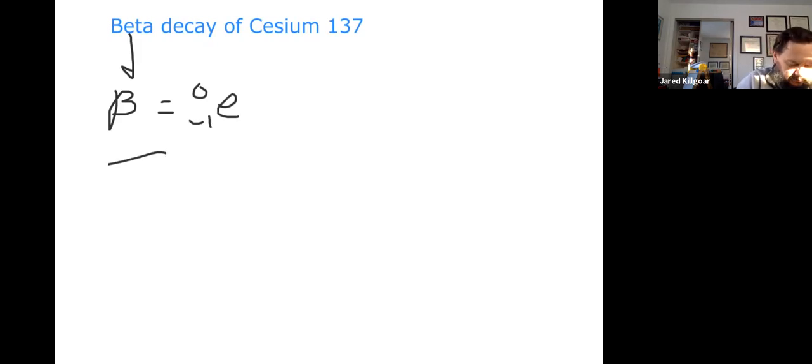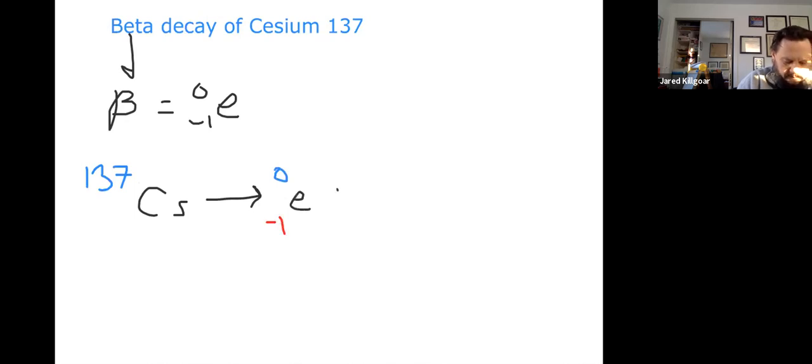So we're looking at this. We want to see what the product is. If I have cesium-137, and I give up a beta particle, 0, -1 e, I want to figure out what's left over. First I look up on the periodic table that cesium has an atomic number of 55. In this way, we can think about this like a mathematical equation.